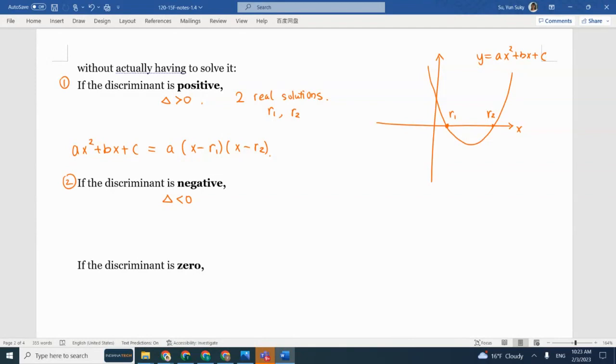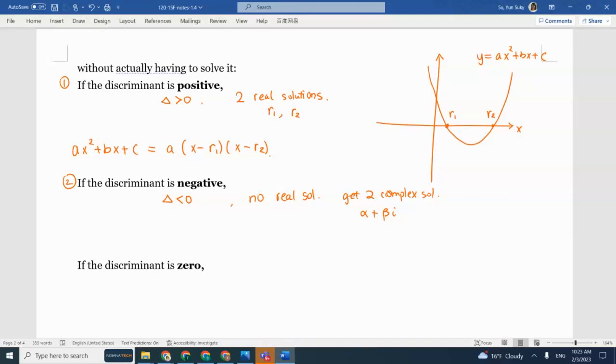Yeah, complex numbers. So therefore, no real solutions. We get two complex solutions. And they can be written as alpha plus beta i. Let's say this is the root.